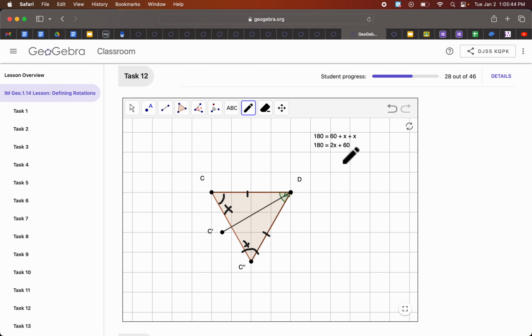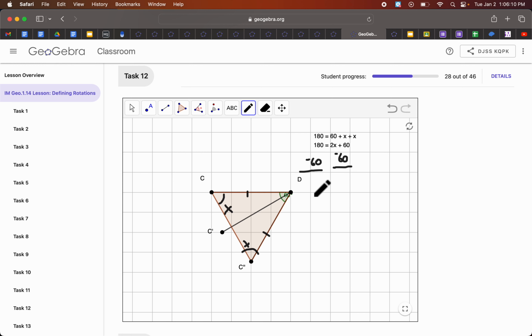I'm going to subtract 60 from here, and I'm going to subtract 60 from the other side of the equation. We keep things fair. If two things are equal, we have to do the same thing to them in order to keep them equal.